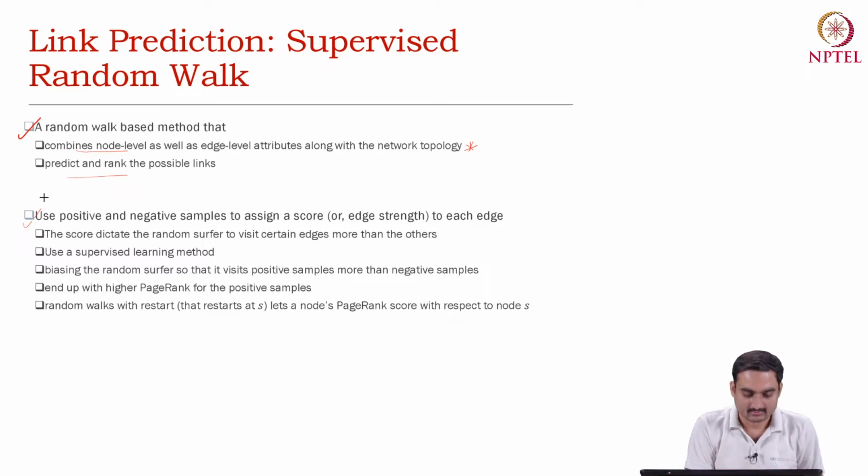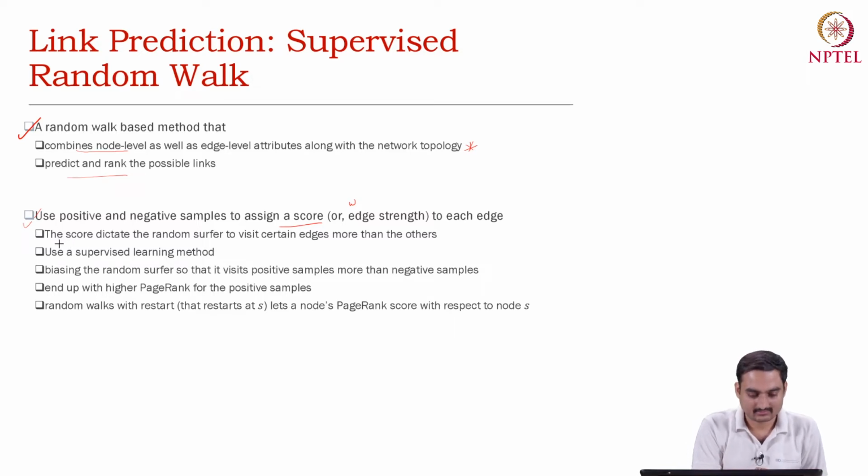Remember, the score that we are going to compute, this edge strength, is a parametric function, parameterized by W, a set of parameters which we will discuss. These parameters will be learned over time. If this is not clear at this moment, just hold on, we will discuss it elaborately in the subsequent slides.